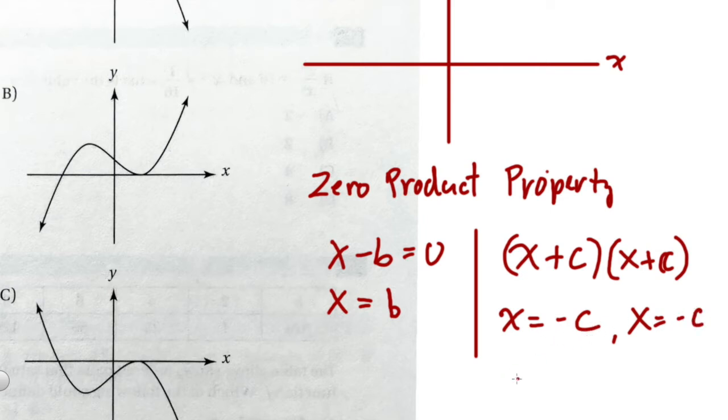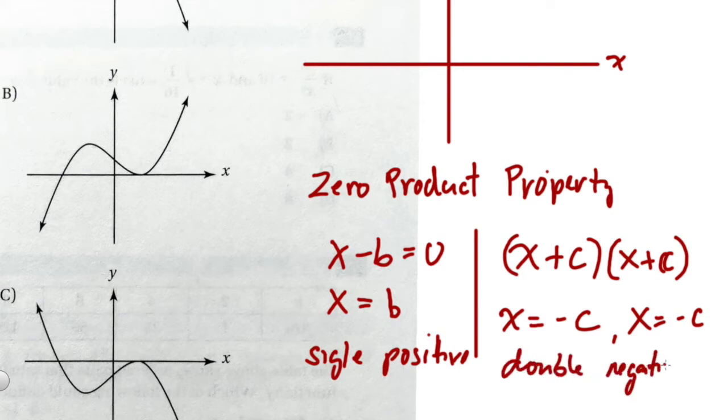We have a double negative zero of this equation, but here we have only a single positive zero.